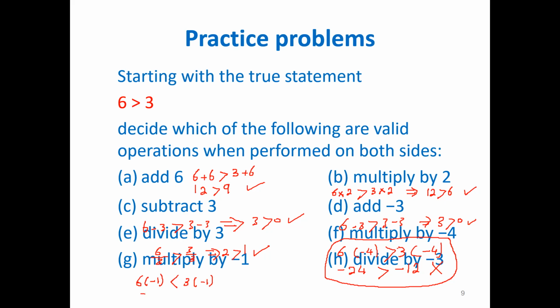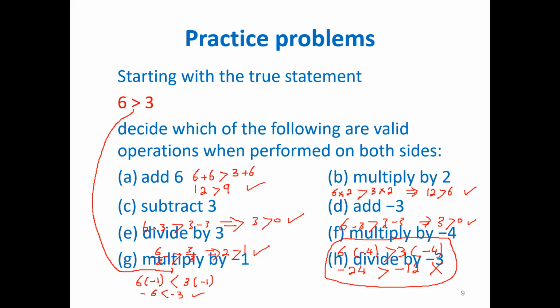Which is minus 6 less than minus 3, which is correct because minus 6 is to the left of minus 3. So now the operation is correct. So see here, the sign of sense has been changed from greater than to less than.